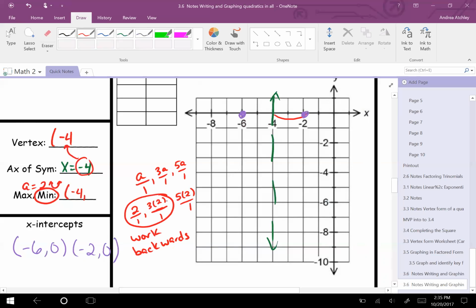So I'm going to go down 6, 1, 2, 3, 4, 5, 6, and over 1. And then down 6 on the other side and over 1. Then down 2 and over 1. Down 2 and over 1. Oopsie.